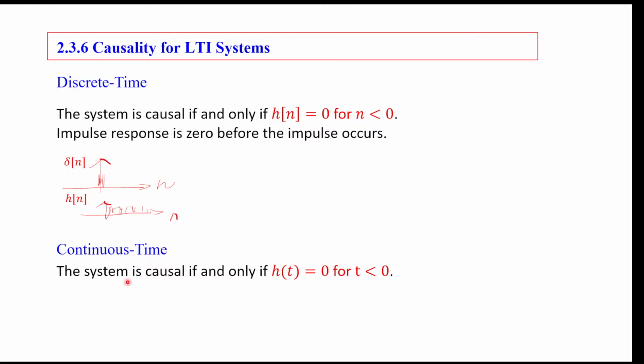For the continuous time case, it's very similar. The system is causal if and only if h of t is 0 for t less than 0, because you hit the system with a spike at t equals 0, and the response can only happen when t is greater than or equal to 0.